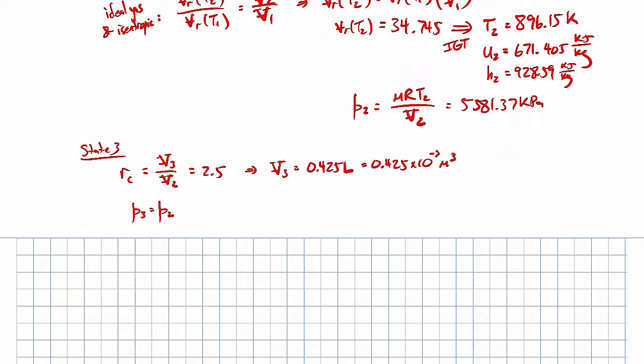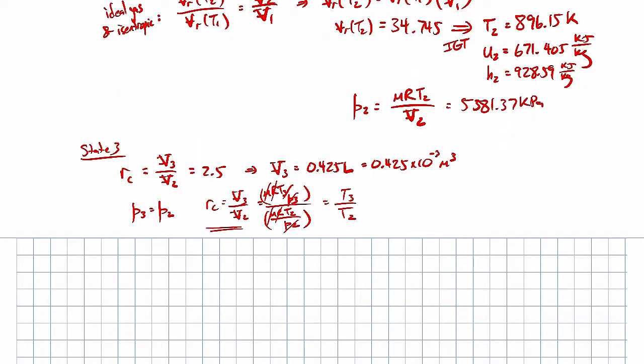You could show then that this ratio, the cutoff ratio, would also be equal to the ratio of temperatures. So let me just show that here using the ideal gas law. From the ideal gas law, and we know the masses are the same, R's are the same, pressures are the same, so this will be T3 over T2 as well.